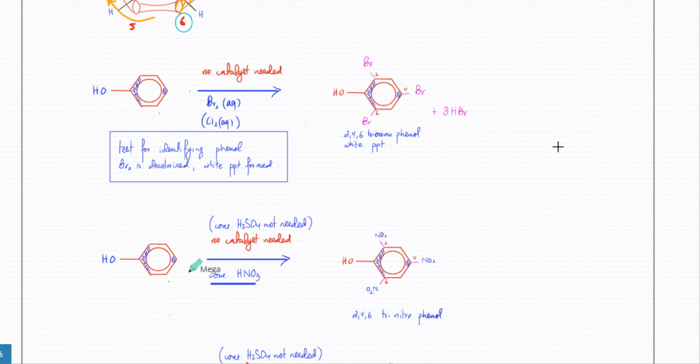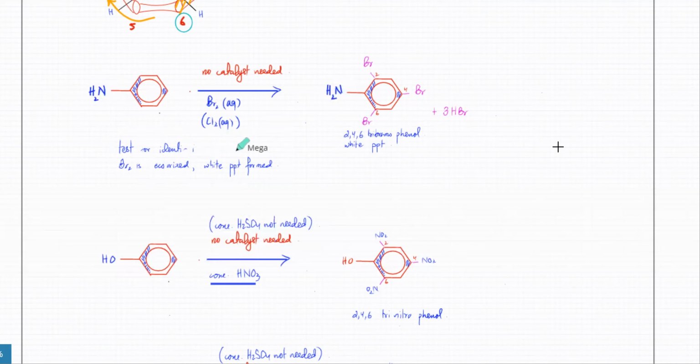So instead of OH, there's NH2 here as well. This one is the test for phenylamine, and this thing is going to be tribromophenylamine. That would be the name of the molecule.